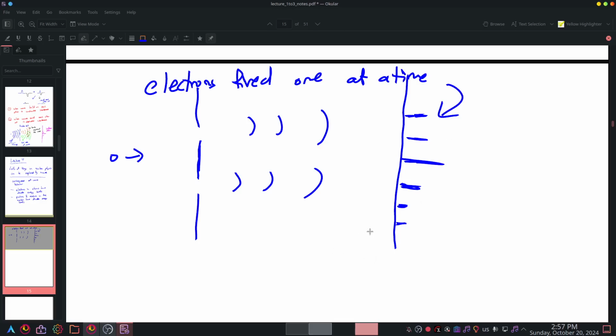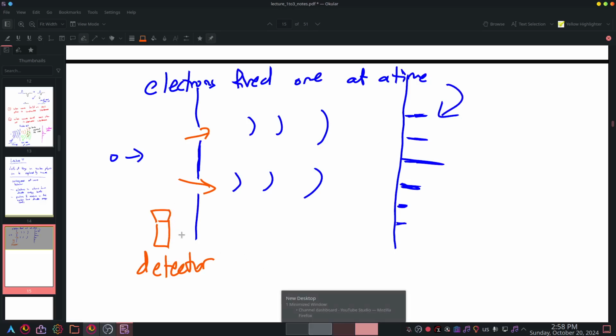Now, someone tried to be clever and observe which slit the electron passed through. Someone put a camera or detector there to see which slit the electron went through. Once this detector came in, suddenly, for some reason, the interference pattern disappeared and you had two bold lines.